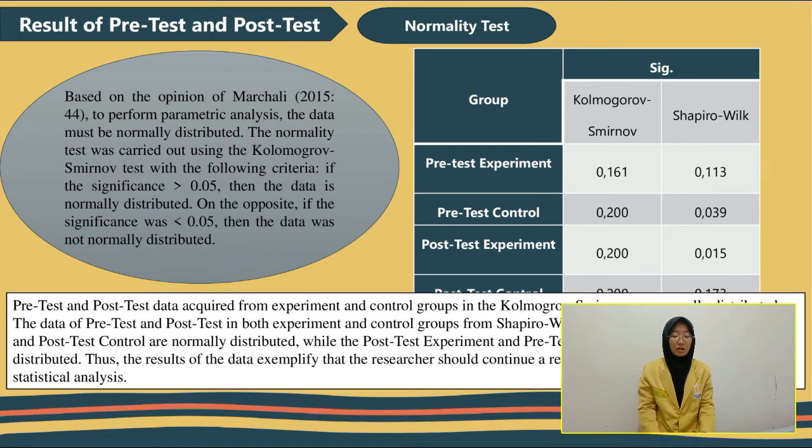Thus, the researcher should continue the analysis using non-parametric statistical analysis, based on the opinion of Marchali 2015 on page 44. If the significance is greater than 0.05, then the data is normally distributed. On the opposite, if the significance is smaller than 0.05, then the data is not normally distributed.